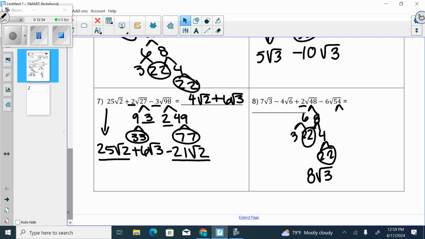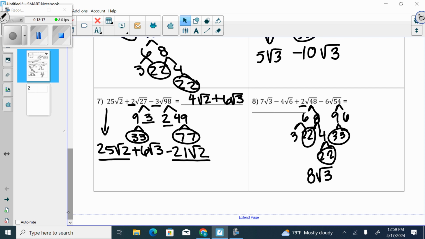9 and 6. And 9, 3 and 3. Okay, hold on a second. The 6 will break into 3 and 2, but is it going to give me any more pairs? So we're going to leave the 6 alone.